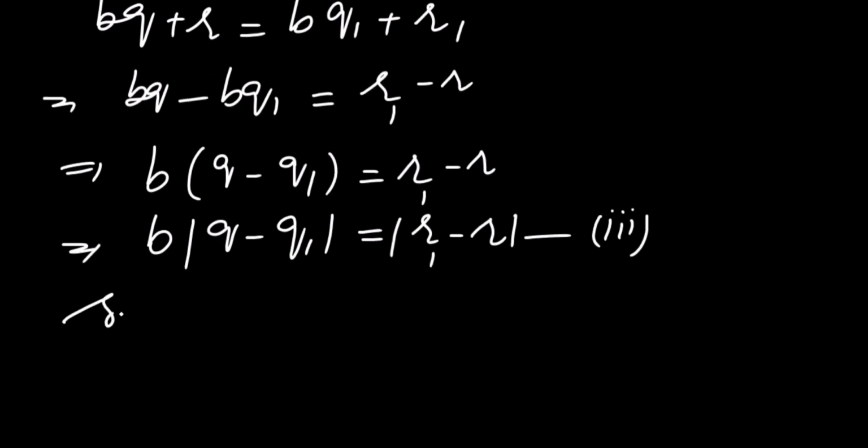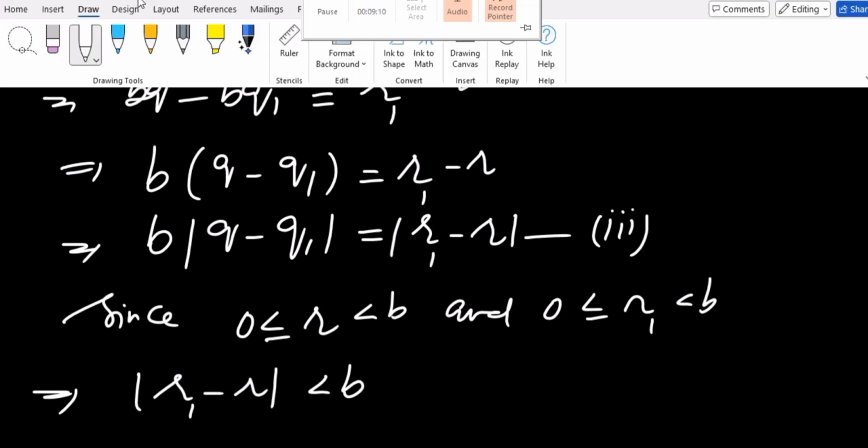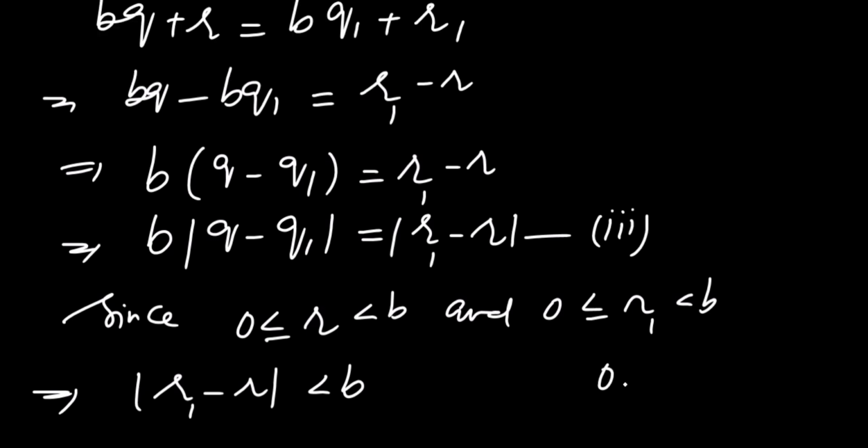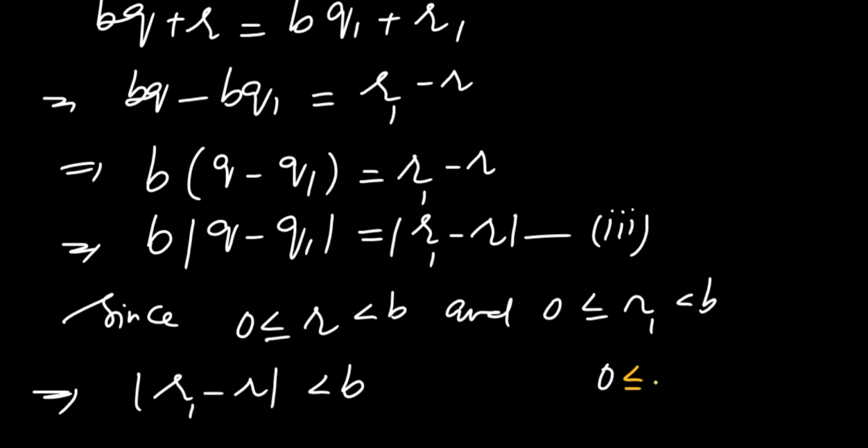Since our remainder lies between these, this shows if we find the difference of R and R1, absolute of R1 minus R, this is also less than B. You can see this by an example. Suppose B is 5.